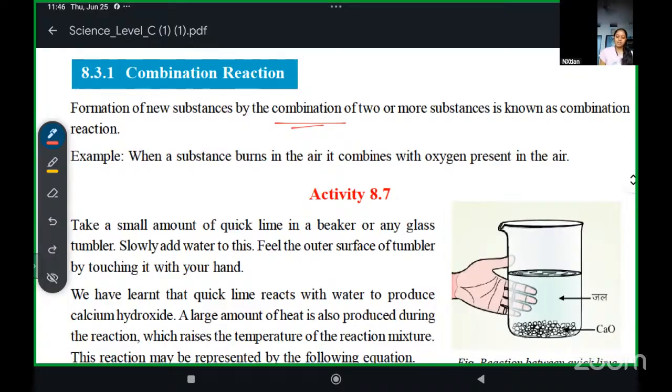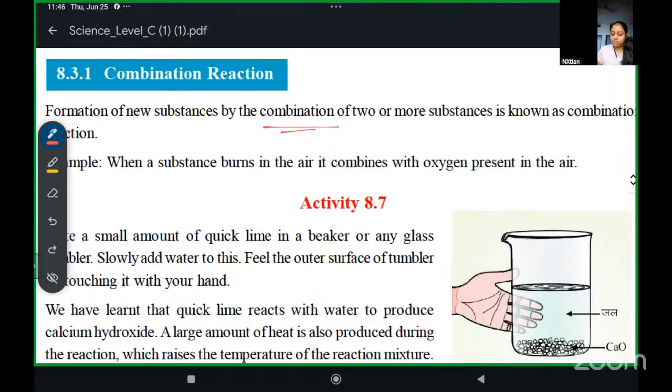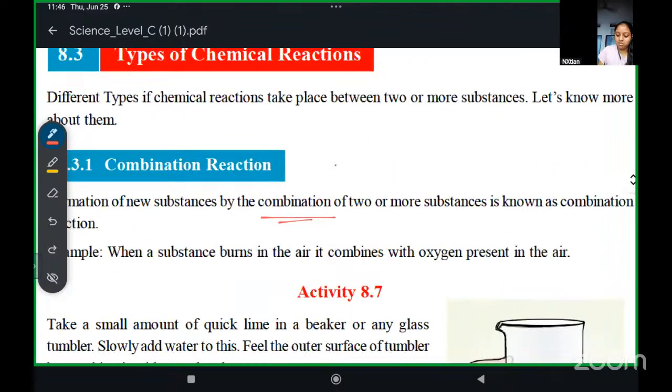For example, A plus B: A is one substance, B is another substance, and they combine together and form AB, which is a new substance.